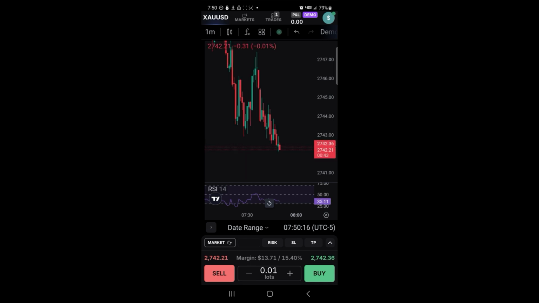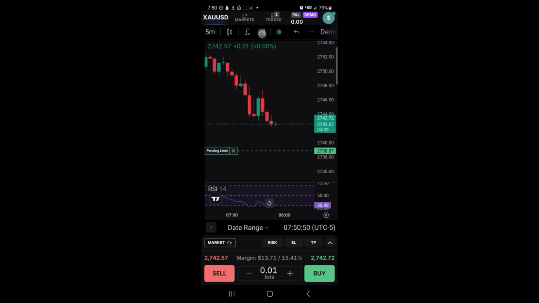The more confirmations we have, the better the outcome. So we wait. On the 1 minute, yes, there's a lot of action, but nothing is showing an uptrend at the moment. Everything is still heading in a downtrend. The 5 minute confirms it.